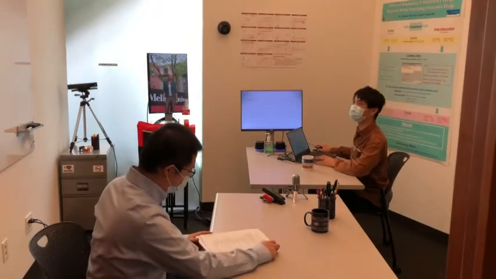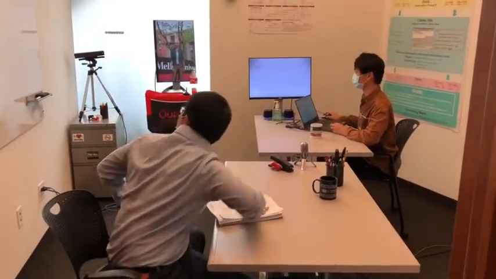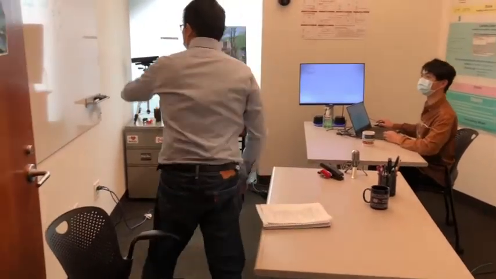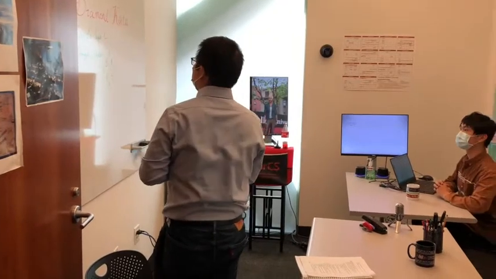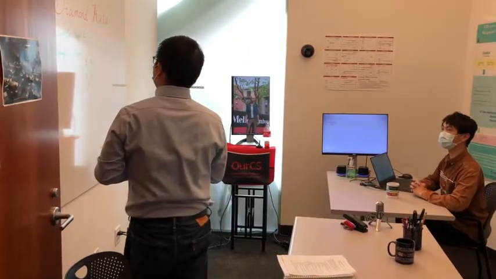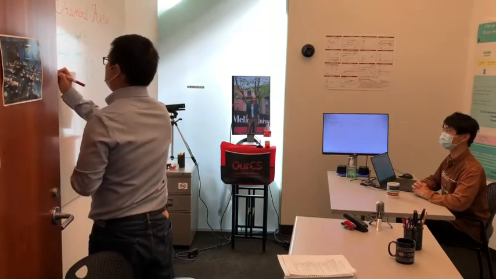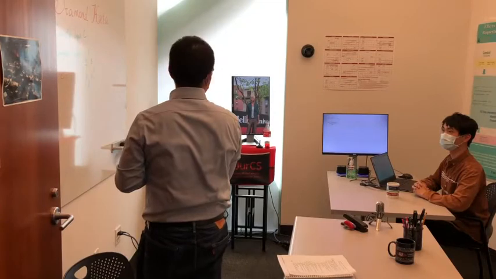Okay, so maybe we need to first discuss the problem, right? Yes, maybe we can use the whiteboard to discuss. So, what do we need to discuss first? Maybe we need to know the relationship between the input and output, right? Okay, let's figure it out. If the input is A, what's the output?